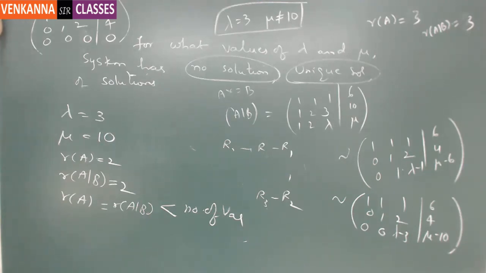So if you observe the problem, you are determining the values of lambda and mu so that the system has a unique solution, no solution, and an infinite number of solutions. Please understand that you are not determining the solution here because the problem does not ask for that. If it were asked, then you would need to evaluate the infinite number of cases, because you don't know what lambda and mu are in the previous cases.